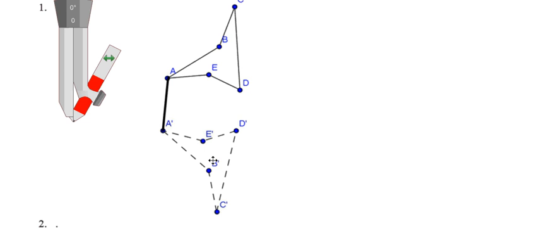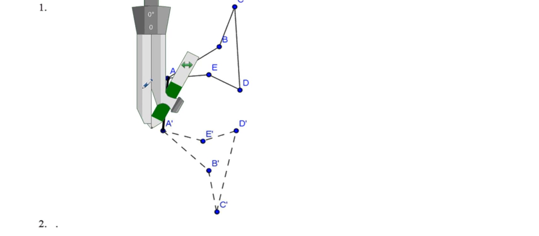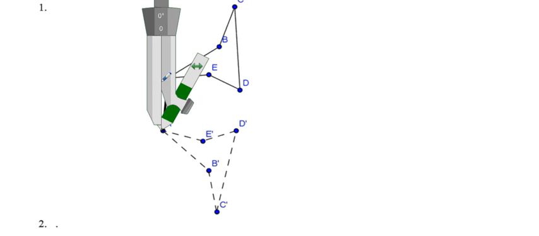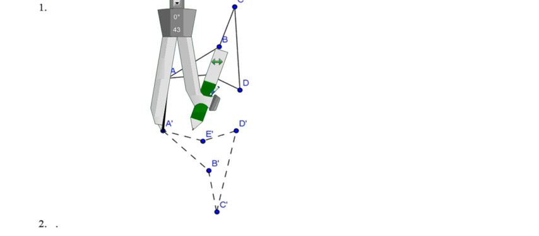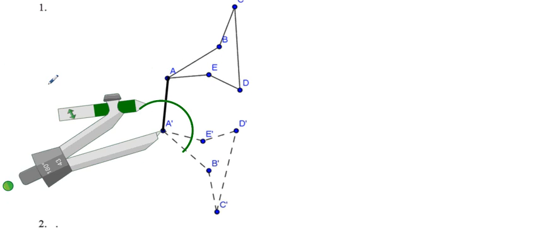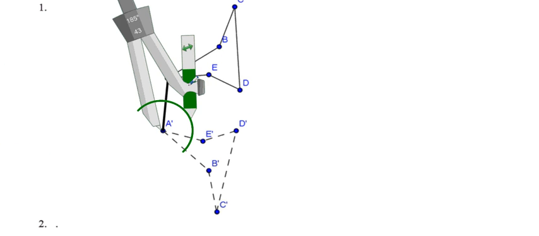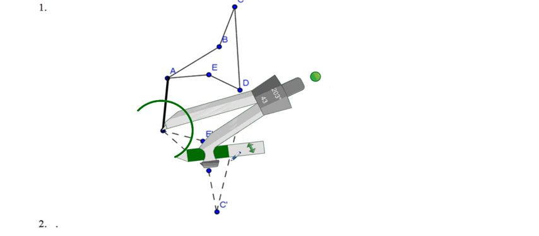So I'm simply going to construct the perpendicular bisector of line segment A A prime. I don't know if that arc is going to be big enough, but we'll see.